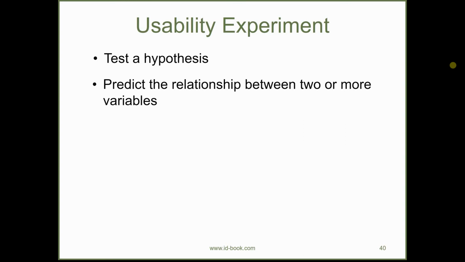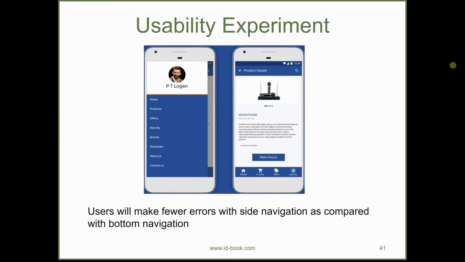Okay, so what exactly do I mean by that? Let's suppose that you have developed two different prototypes for a project, and you have a hypothesis. You're not really sure, but you want to find out whether users will make fewer errors with the side navigation or the bottom navigation.